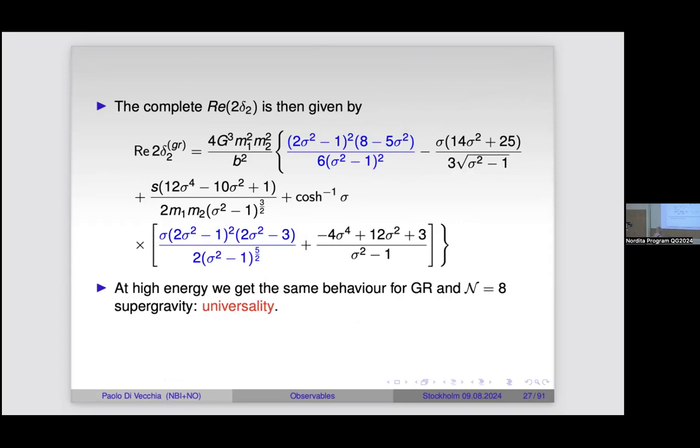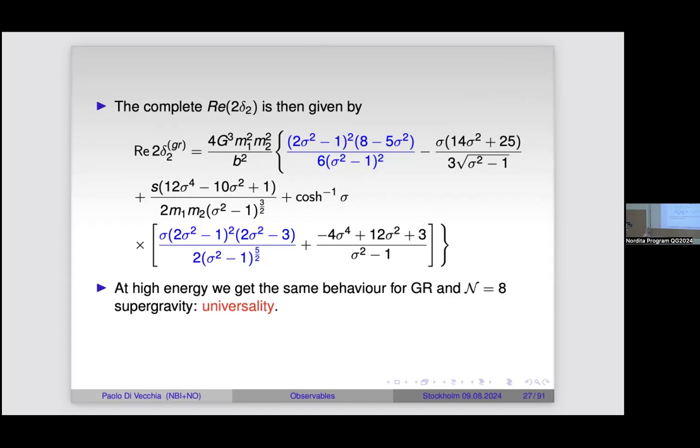So this is the two-loop eikonal. There is a part that comes from the calculation of Bern et al., which comes from the potential region, and the blue terms are the ones which come from the soft region.